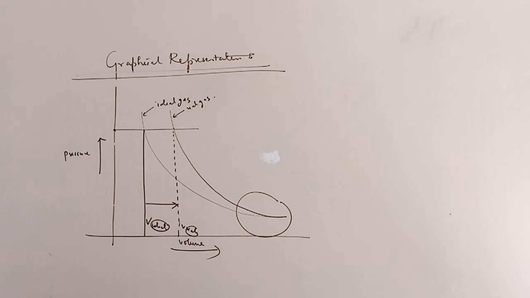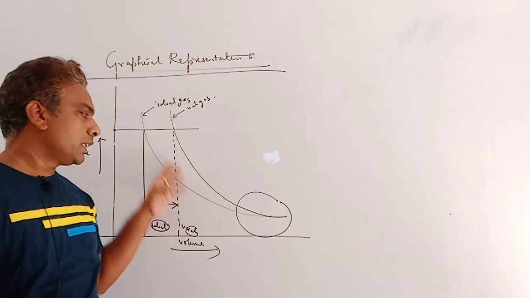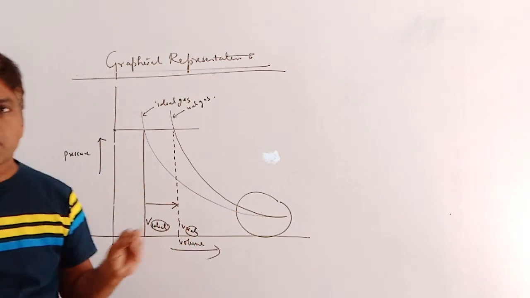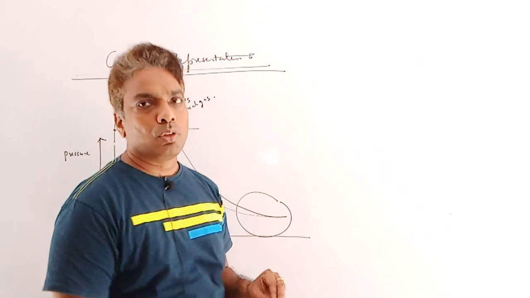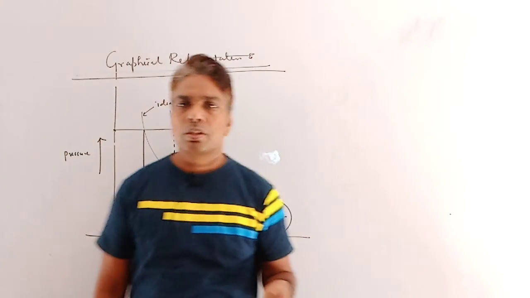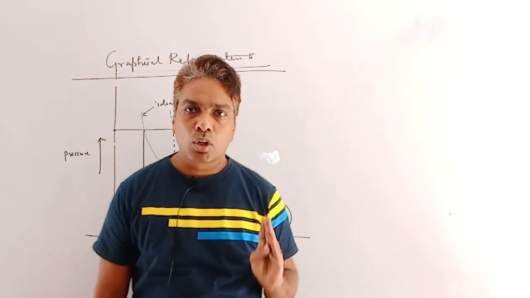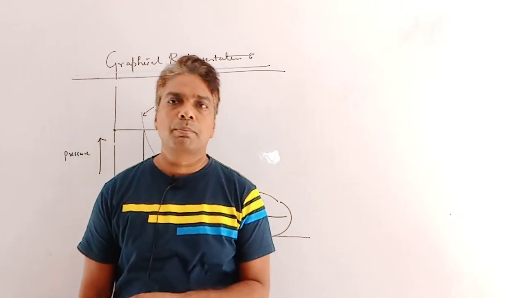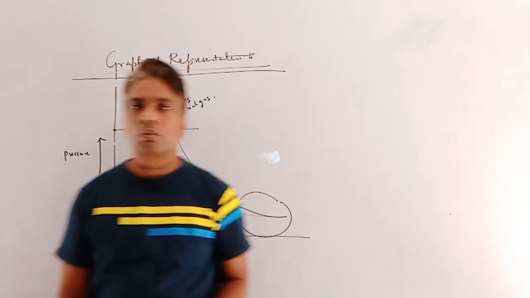So according to the given graph, we can say that a real gas behaves as ideal at very low pressure, since at very low pressure volume becomes high, and when the volume is too large then the volume occupied by the real gas particles is negligible as compared to the total volume of the gas.